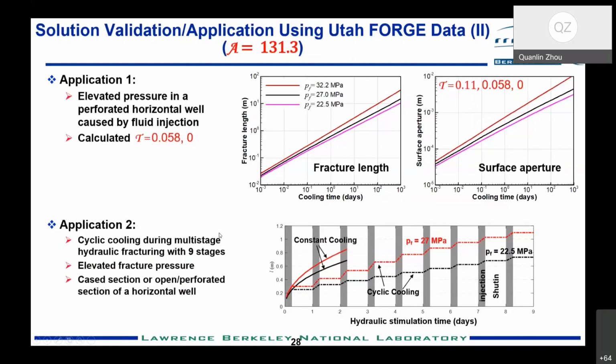We use our solutions to do this cyclic cooling, that is injection and shut-in, injection and shut-in. That is a kind of hydronic simulation case. Here we have some assumptions. This is the wellbore pressure and this is the in situ pressure. You can see we can do the simulation for that. And then this is a continuous cooling with a constant delta T.